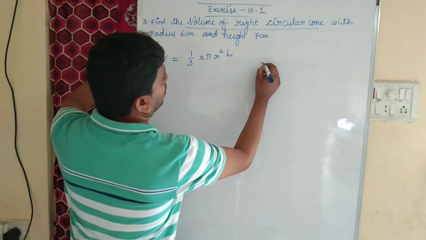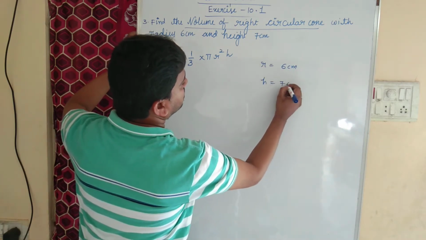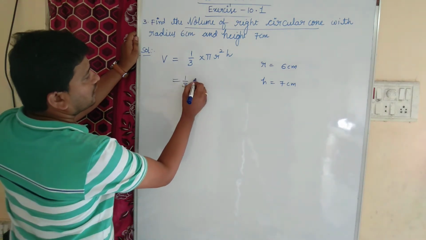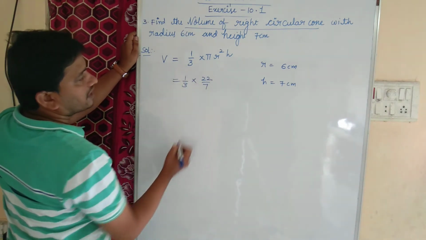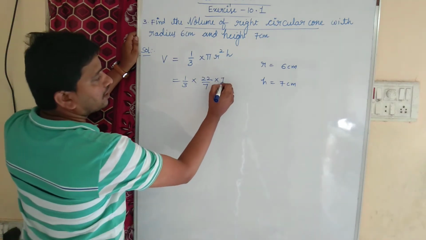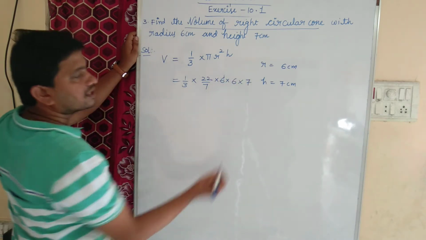Given dimensions are, radius is 6 cm and height is 7 cm, right? So directly substitute: 1 by 3 into pi value 22 by 7, r square means r into r, r value is 6 into 6, into height 7.